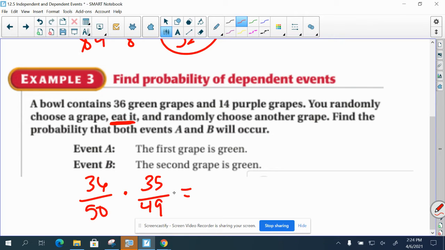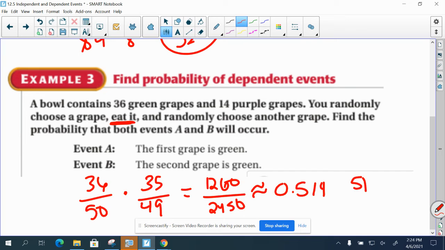If you multiply those two probabilities together, you get 1,260 over that number. I already calculated it before this. As a decimal, it'd be 0.514, or 51.4%.